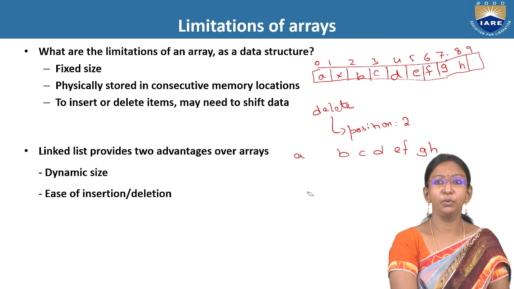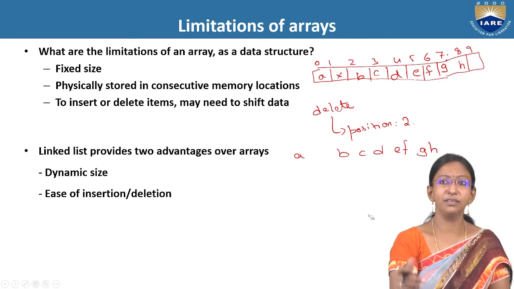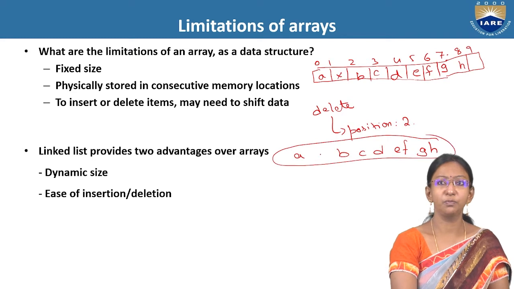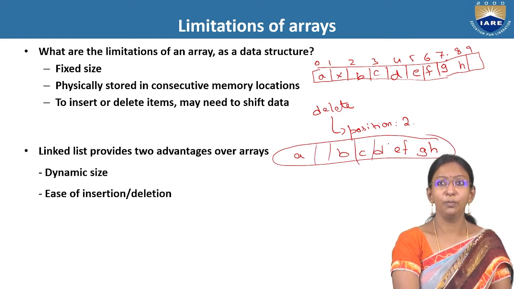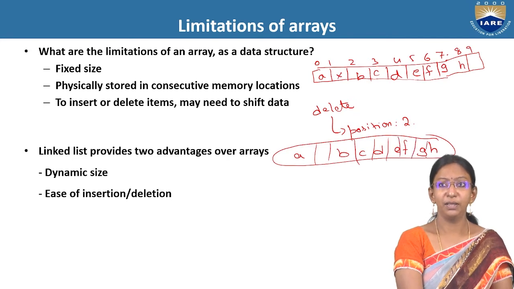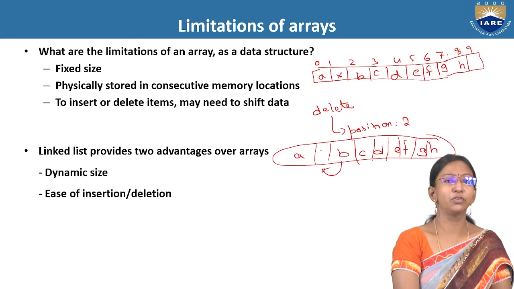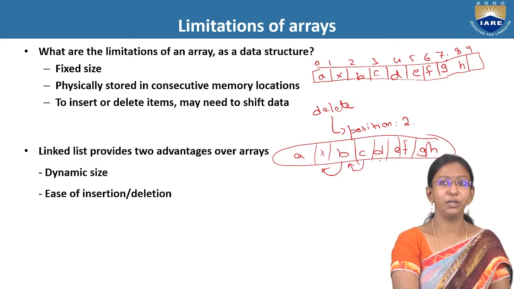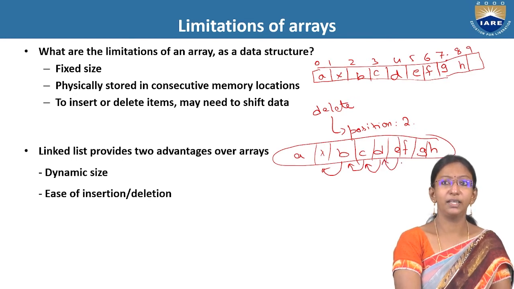If you remove it, is this the final result you are expecting, with an empty space at index 1? No. You have to shift the elements towards the left. B is going to overwrite X, C will overwrite B, D will overwrite C, E will overwrite D, and so on.